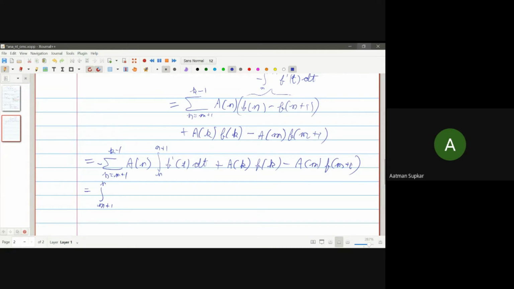So n plus 1 to k, the integral of A of t f dash t dt, plus A k f k minus A m f m plus 1, right?